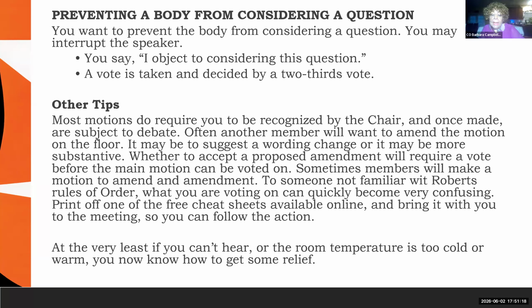They may be just trying to get something they want on the floor. It may be one of their resolutions, but you consider that that question is not germane to the agenda or where we are. Most motions do require you to be recognized by the chair, but we've talked about the ones that interrupt. Point of inquiry, personal privilege, something dealing with the issue. You can just say those, okay?